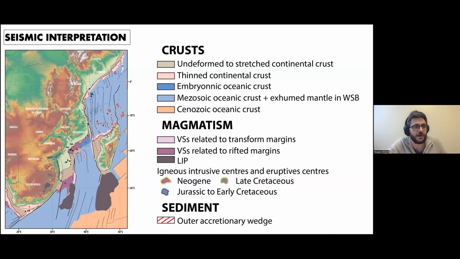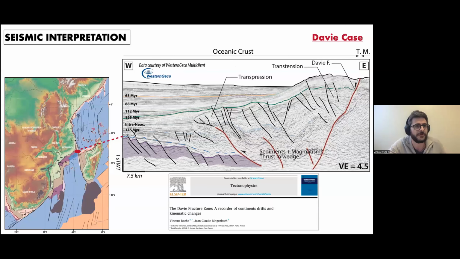So I will start by showing you a section just there that cross-cuts the entire Davie ridge. This seismic line illustrates the Davie in the Mozambique basin, and the oceanic basin here is covered by a thin layer of Jurassic, which becomes thicker toward the transform fault just there. There is a clear ridge that forms the continental ocean transform boundary between the Mozambique basin and the Madagascar margin.